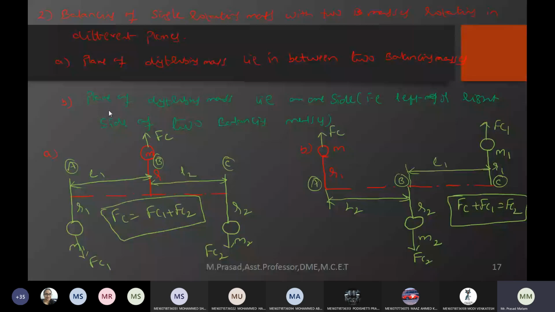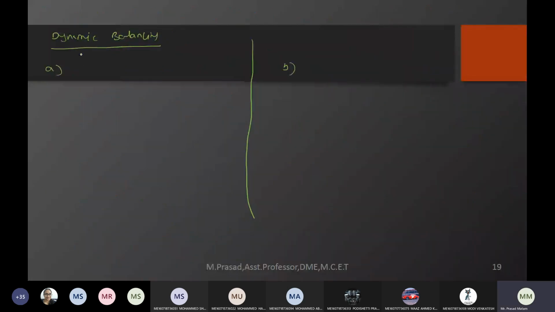Can anyone give me the equation? For case A, take the moments about FC into L2, right. Take the moments about, let me take point C.